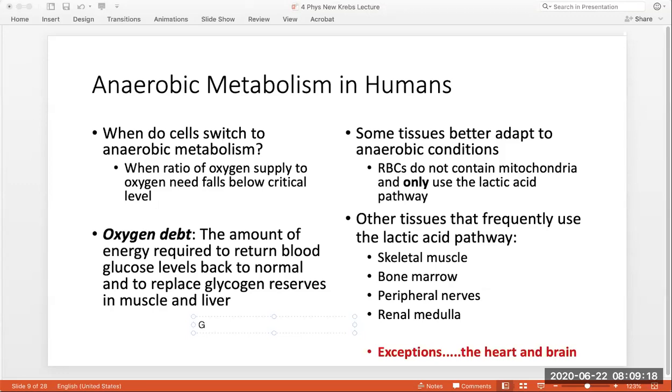And so that's called glucose sparing. So glucose sparing, again, is where you have cells that will use other fuel sources instead of glucose to spare it for some tissues like the heart and the brain.